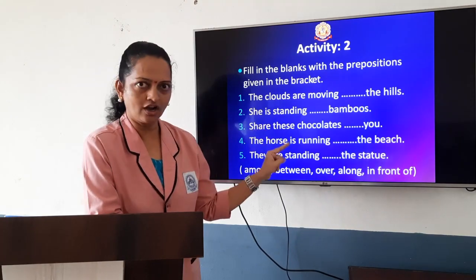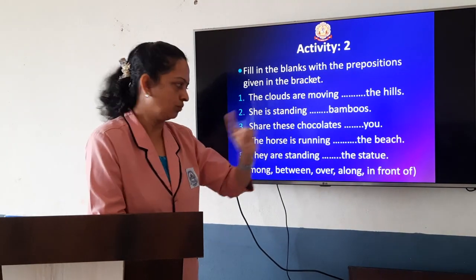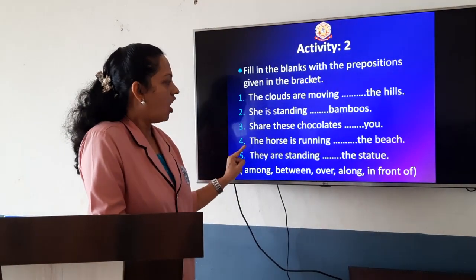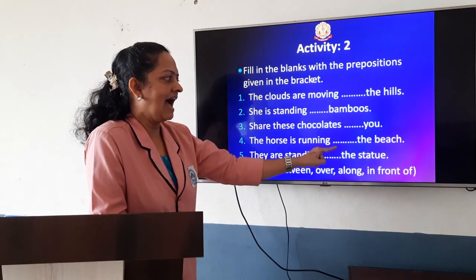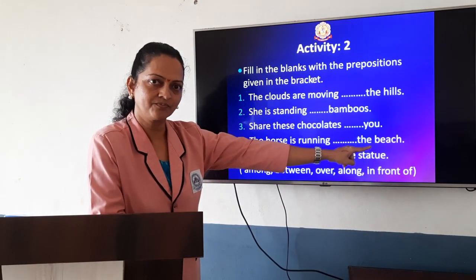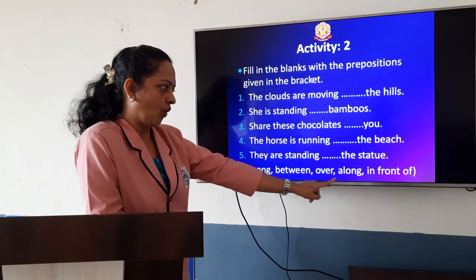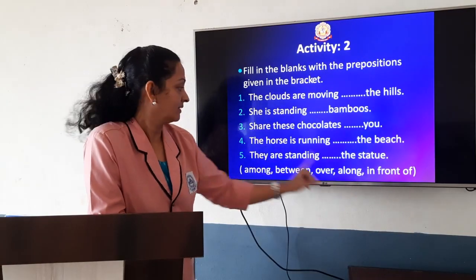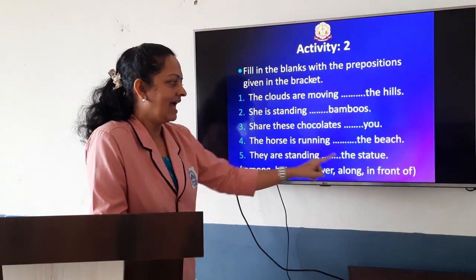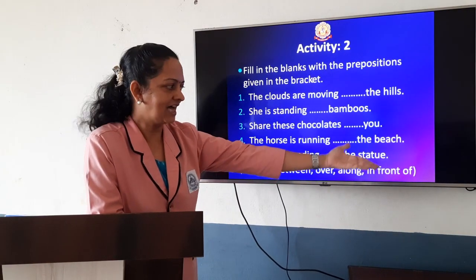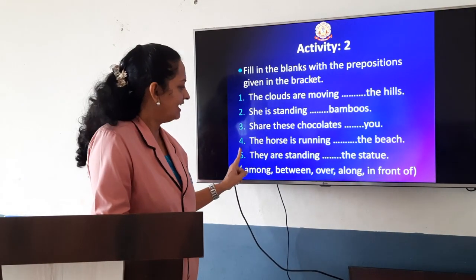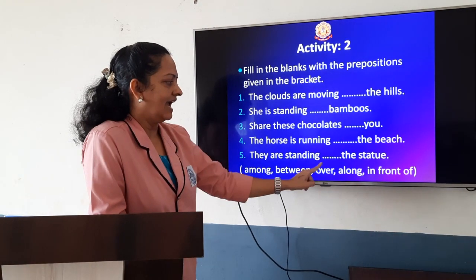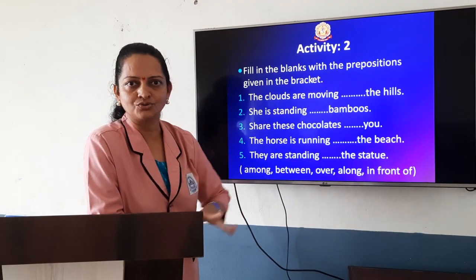Share these chocolates among you. Next is, the horse is running dash the beach. Is that along or in front of? The horse is running along the beach, and the last one is left, actually, in front of. They are standing in front of the statue.